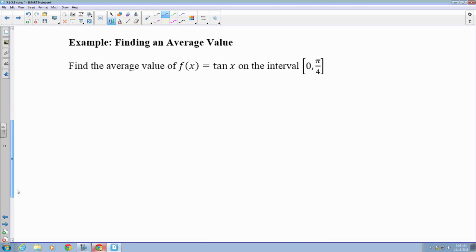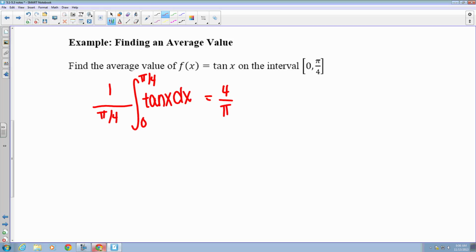And last one is to find an average value. Remember, to find the average value, we're taking the integral of 1 over b minus a from a to b of whatever our function is, so it's tangent. This turns into 4 over pi on the outside. Integral of tangent is negative natural log absolute value of cosine.